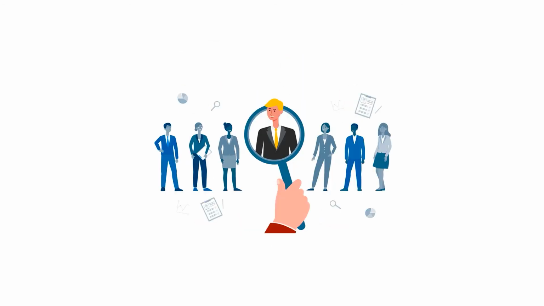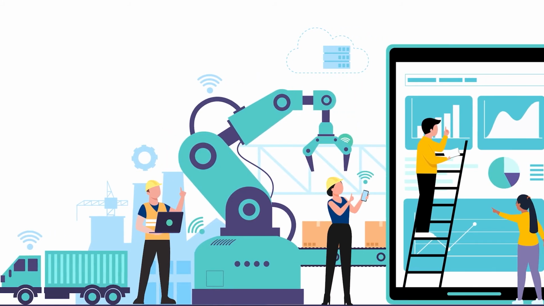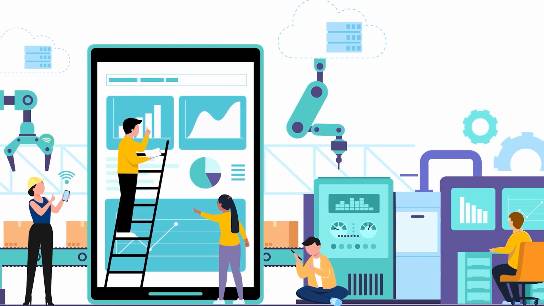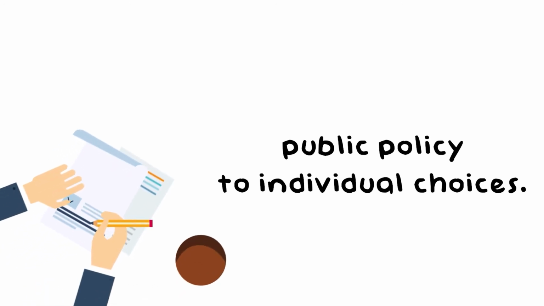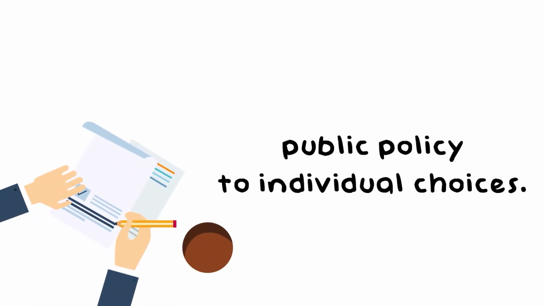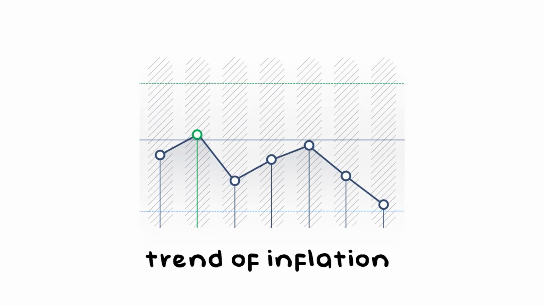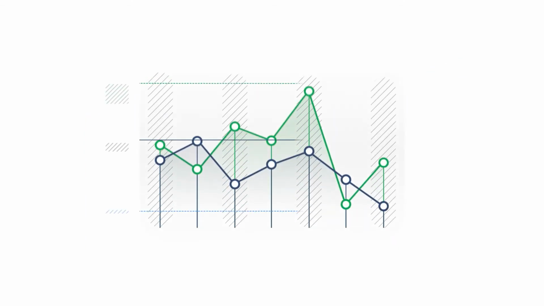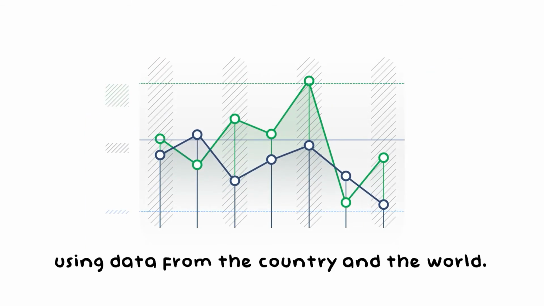They evaluate programs, examine human behavior, and explain social trends using theoretical models or empirical data. And their insights influence everything from public policy to individual choices. They analyze the possible trend of inflation, production costs, supply, demand, etc., using data from the country and the world.